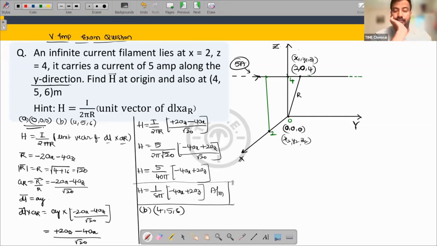Very good. Nice. So I'll tell you the logic here. I want to find h at 4 comma 5 comma 6. So let this point 4 comma 5 comma 6 be here.